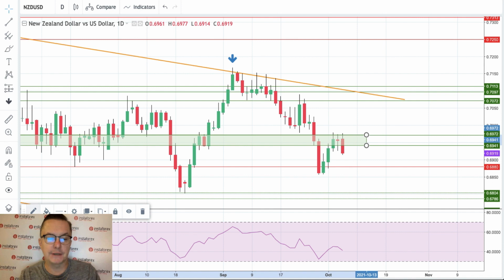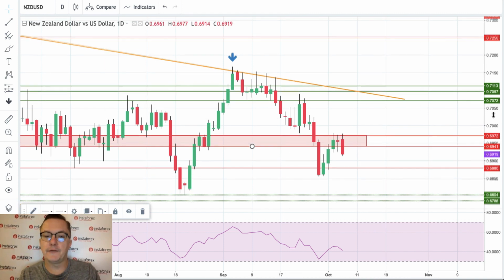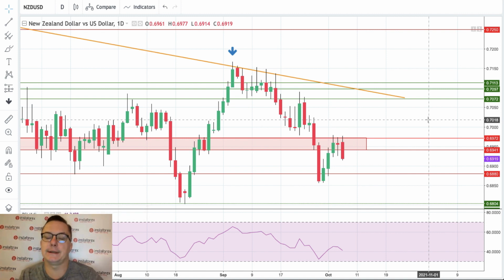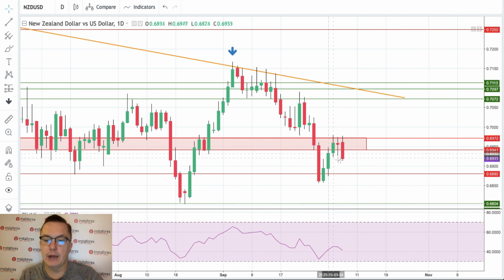So right now, after the rejection, we are going to change the color from green to, of course, red, because it's now the rejection zone, and this rejection zone will be very important later on, I guess, because we have a clear rejection pattern. First we have the hanging man, and then we have this down candle after the market hit the supply zone and after the official cash rate had been published.